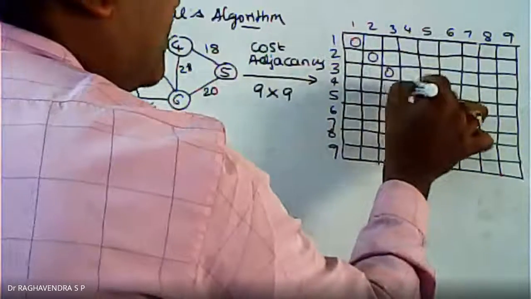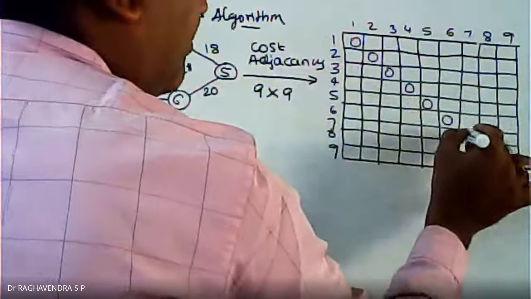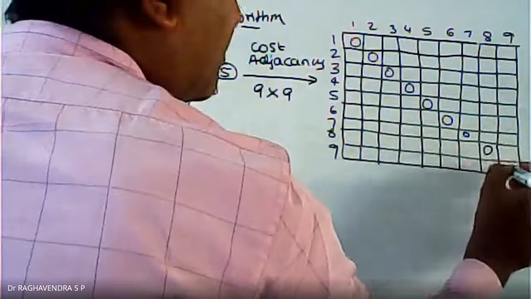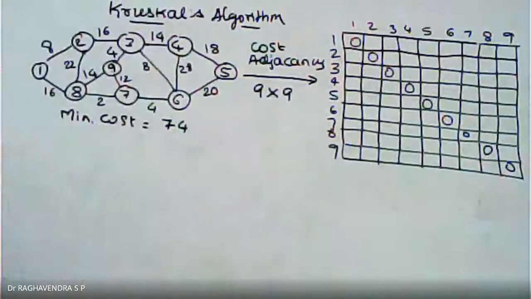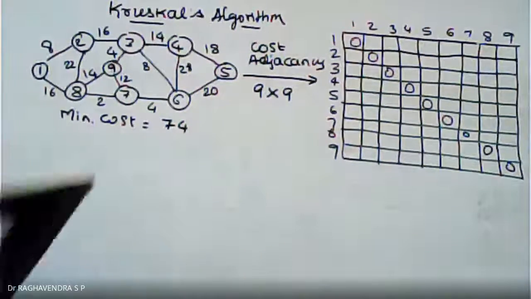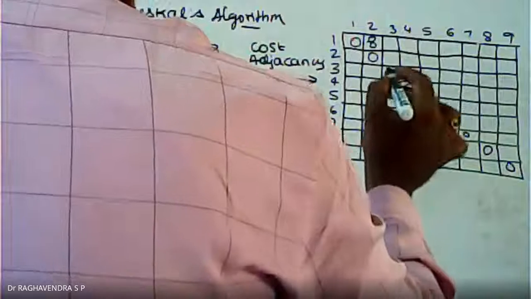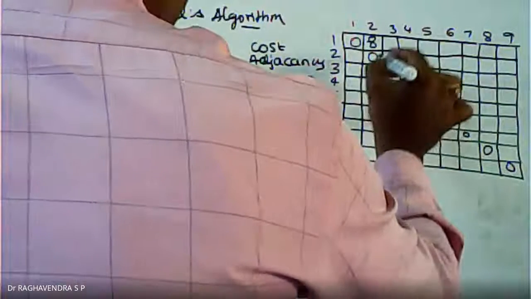So fill the principal diagonal with 0 values. Now fill in the rest of the entries: 1 to 2 is 8, 1 to 3 is infinity.